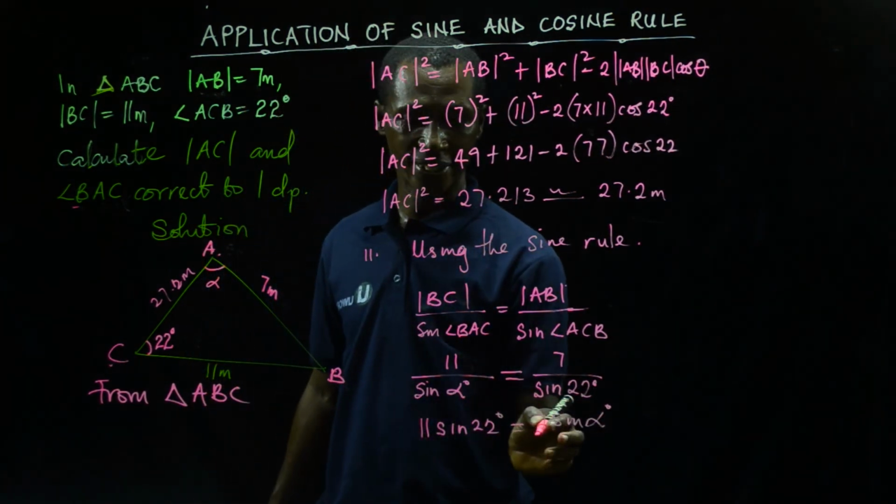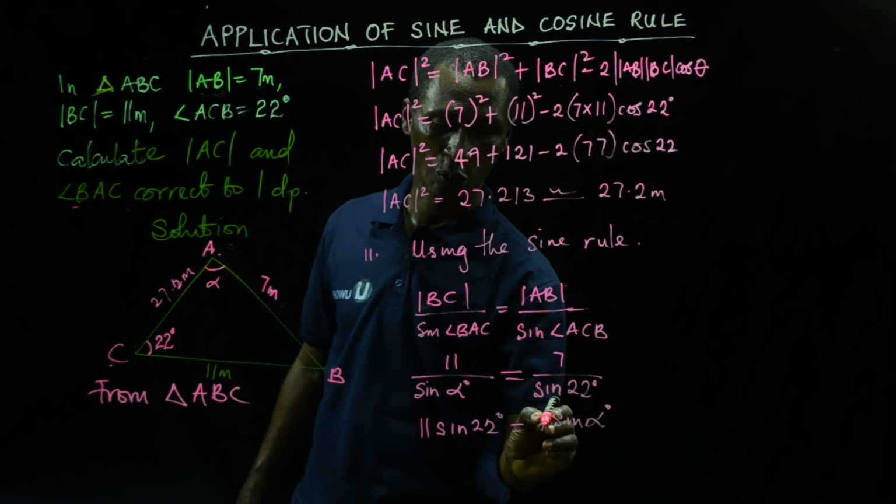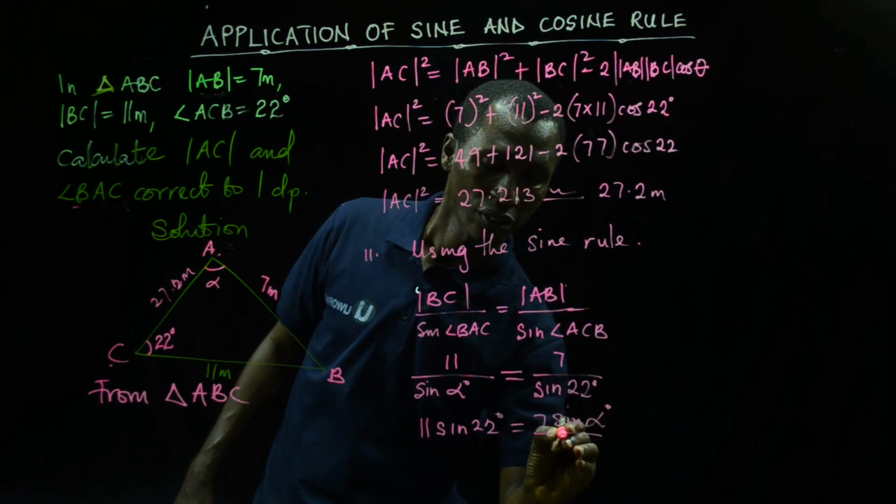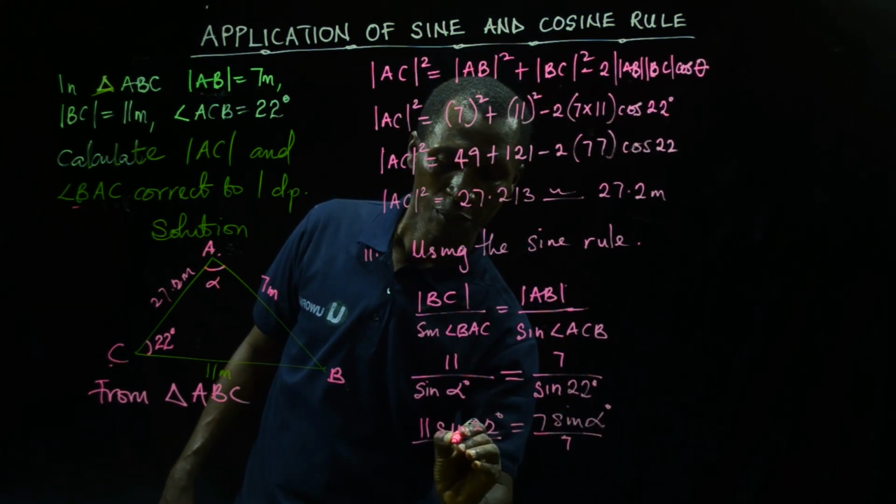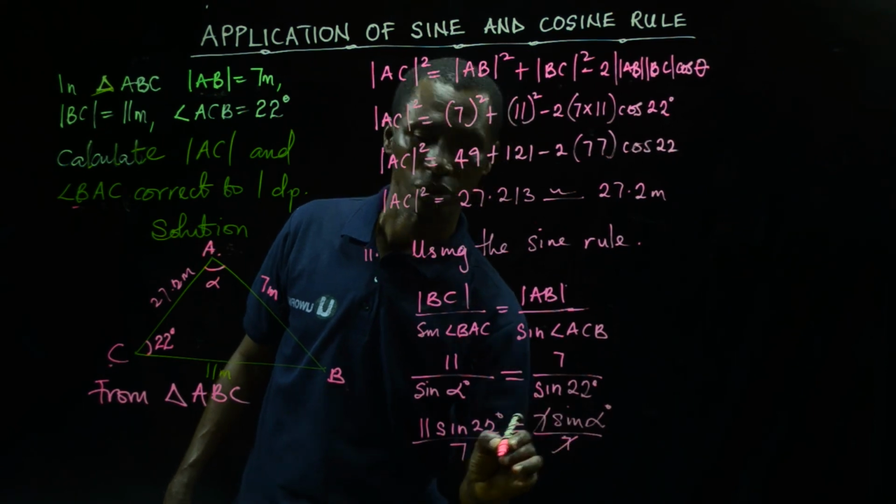I divide through by 7 because it's alpha I want. I divide here by 7 and the whole of this by 7. 7 is gone.